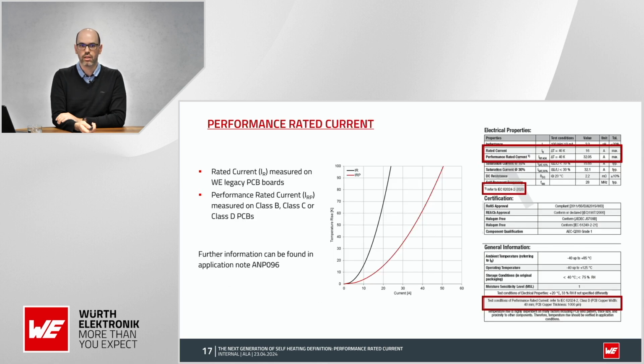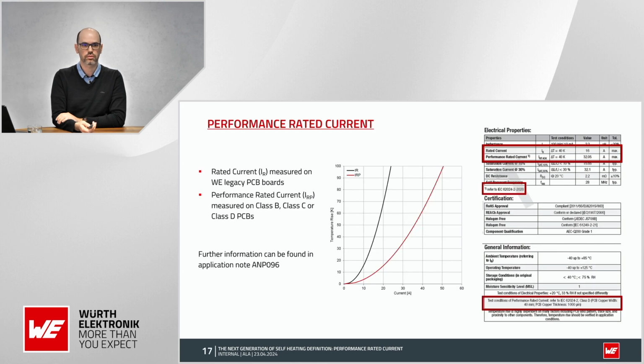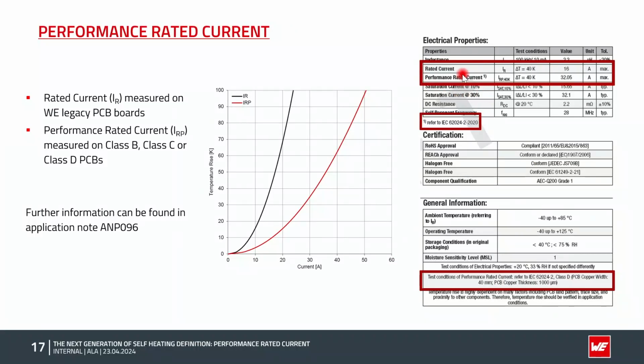Good. So as an overview page, whoops, this was too fast. As an overview for that one, some of our products have rated current and performance rated current now. The rated current comes from the VE legacy. So this means this is a PCB board where we have used for all of our measurements we did in the past. So this means we made an internal standardization.